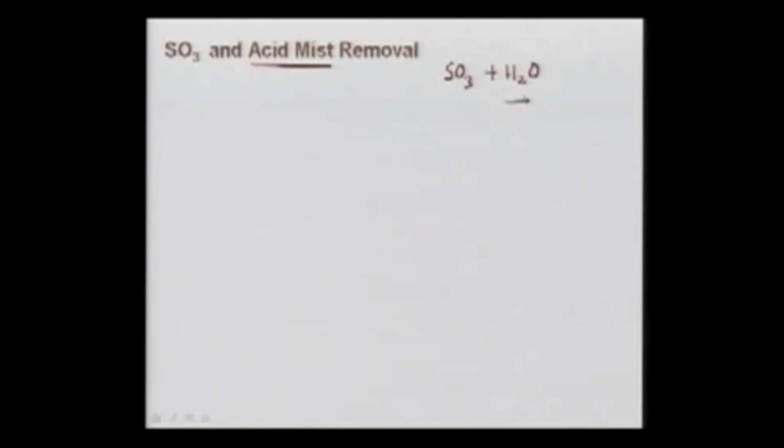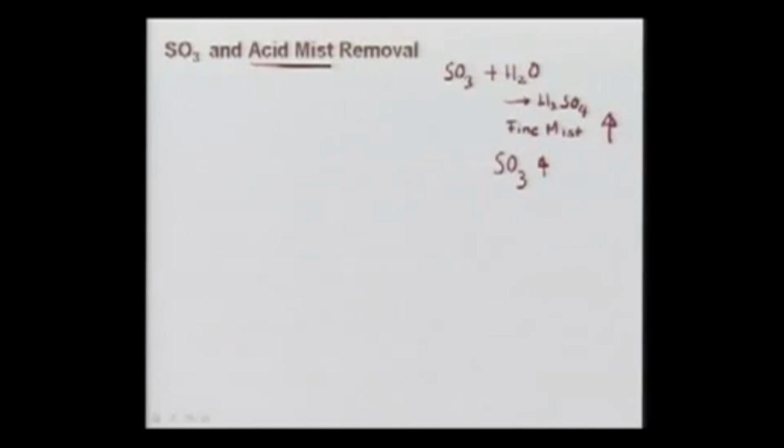So, it can produce H2SO4, but this will be like a fine mist, and you can't stop that fine mist, and that will be emitted in the atmosphere. And sometimes the partial pressure of SO3 becomes higher, even if there is no moisture, and SO3 can go out as it is to the stack.